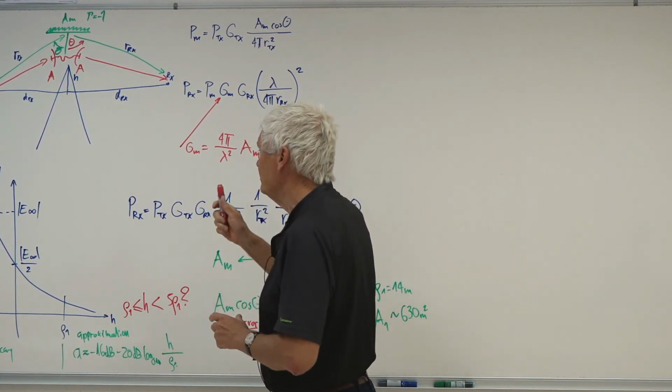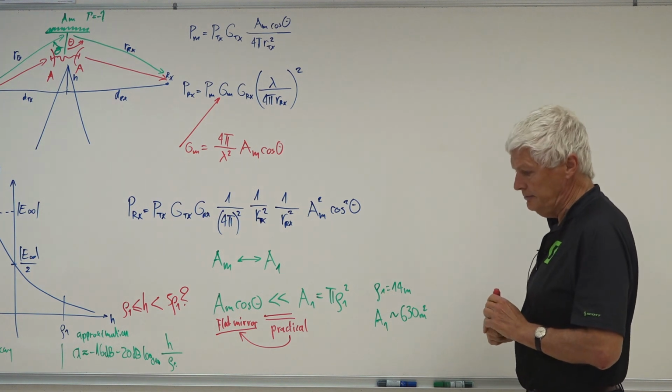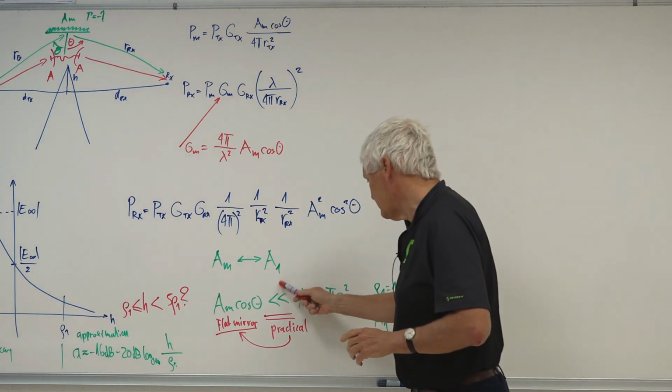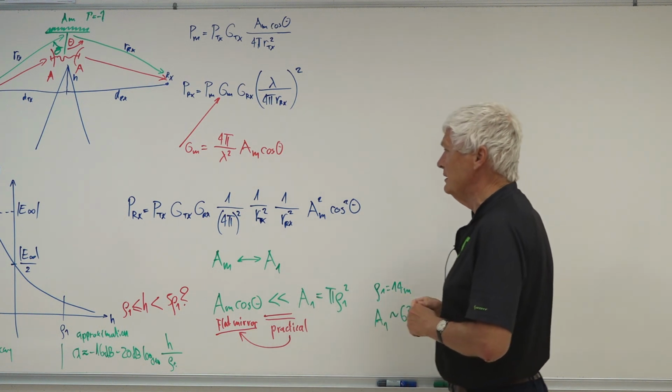We do not need any curvature as long as the area is much smaller than A1, the area of the first Fresnel zone.